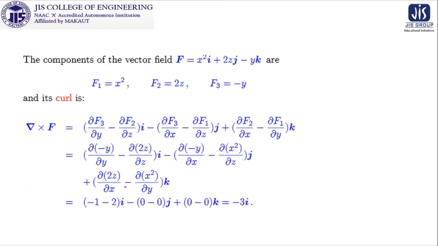So proceeding further, what we see is that the component of the vector field is given, also in 3 dimensions, where f1, f2 and f3 are extracted from this. So our target is to find the curl, that means del cross f. And why are we showing this?